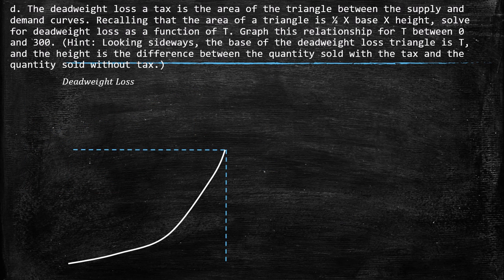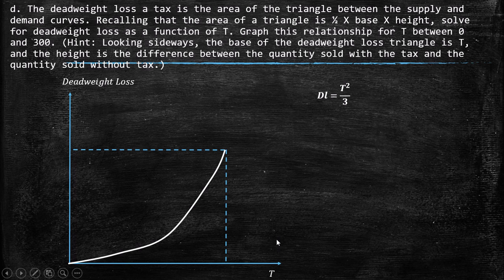And now we have to represent this by a graph. Here we have the deadweight loss and here we have t. For the value of 0, it's going to be 0 squared over 3, so it's going to be 0. And for 300, it's going to be 300 squared over 3, so it's going to be 30,000. So this is going to be the value.